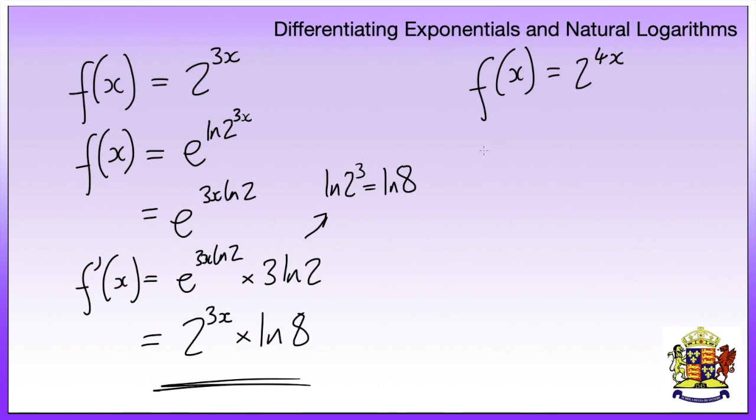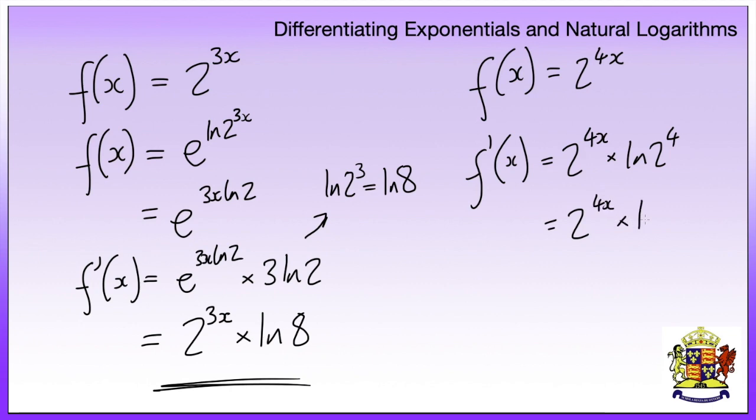Well, when I differentiate this, this is going to be 2 to the 4x times by ln 2 to the 4. And if you want to get rid of that power, you can say it's 2 to the 4x times by ln 16. Okay, and they follow quite a nice pattern. You can have a play with them and see how you get on.